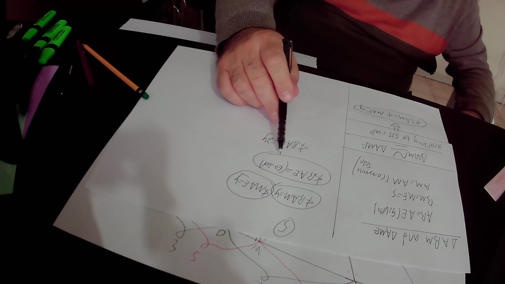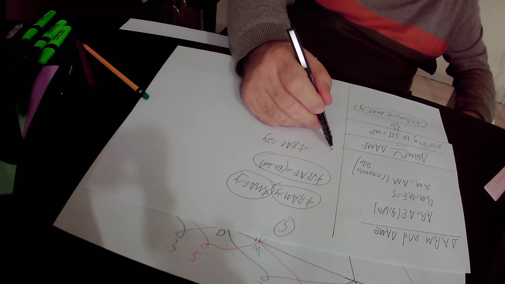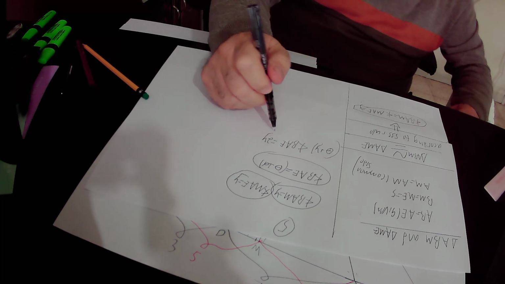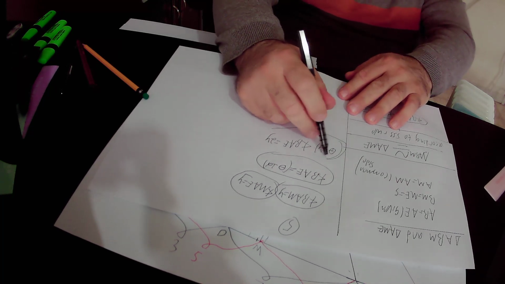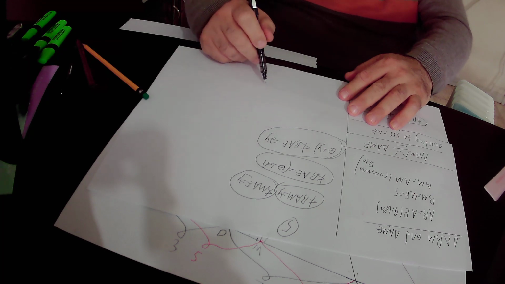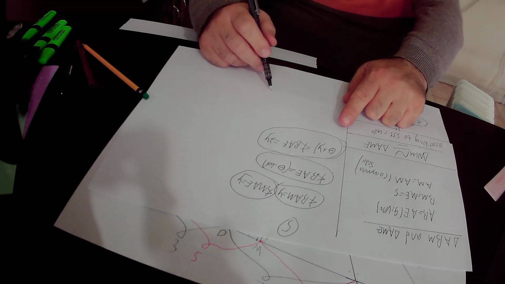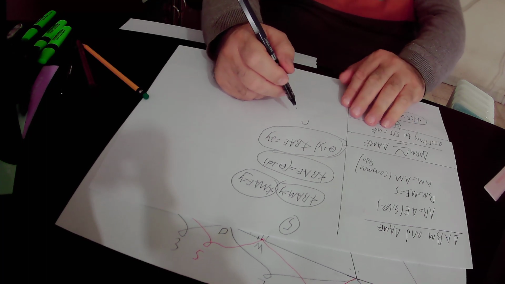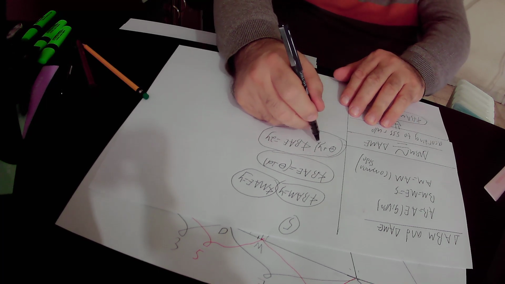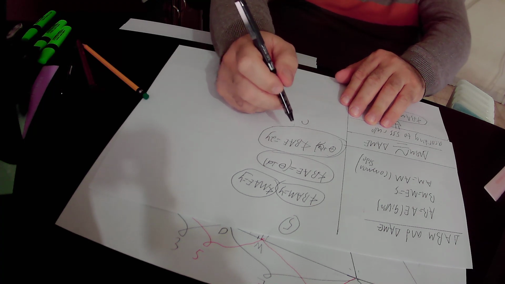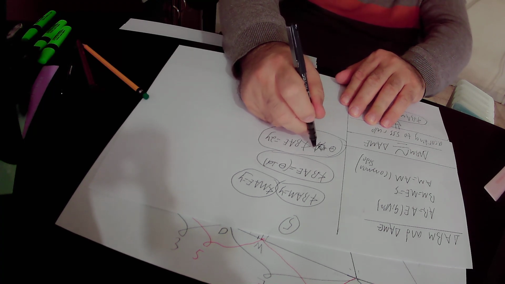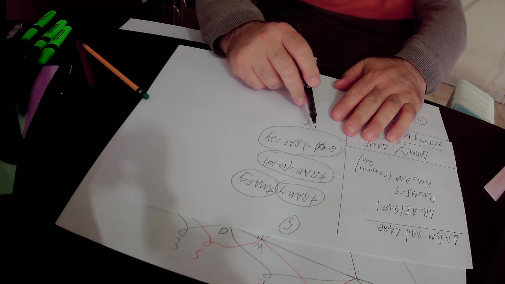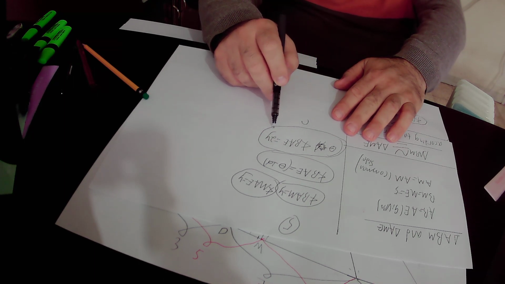From the other side, we've already found out that angle BAE is equal to theta plus alpha. So from this equation, angle BAE from one side equals theta plus alpha, and from the other side it equals 2y.